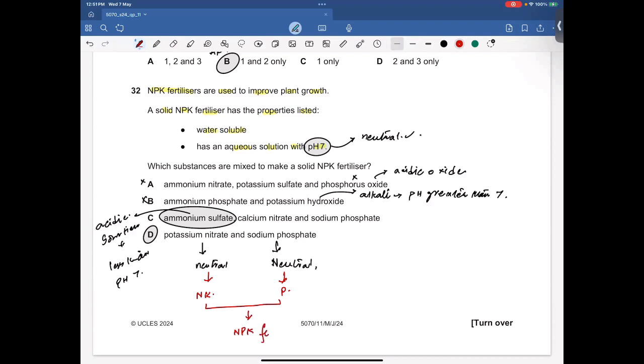NPK फर्टिलाइजर बना लेंगे. और जब आप इनको पानी में डिसॉल्व करेंगे तो ये आपको न्यूट्रल सॉल्यूशन देंगे जिसकी pH 7 होगी. सही है. और both salts are soluble in water.